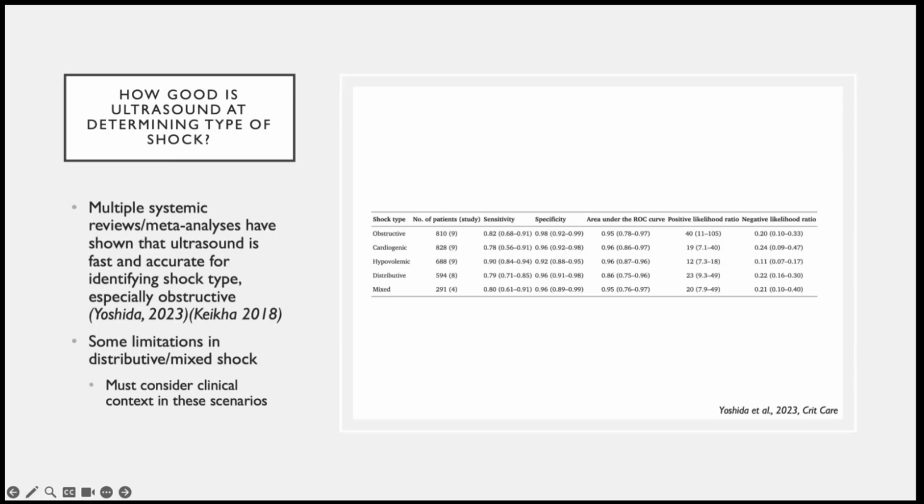Again, there are some limitations, especially in your distributive and mixed shock. So in those scenarios, you should consider clinical context to put all the pieces together to make a diagnosis. But you can see here, especially with obstructive shock, it had a sensitivity of 82% and specificity of 98%.